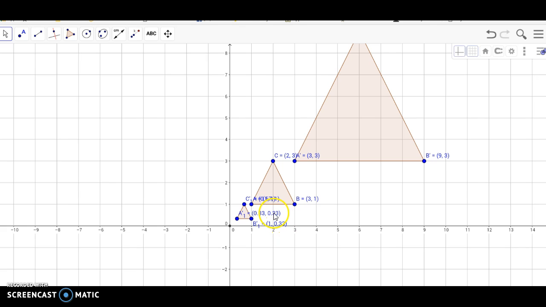Here's point B. Here's point A. And here is the new point C. Now it's given it to us in decimal form, but that's okay. 1/3 of 2 is 2/3. 1/3 of 3 is 1, and so on. So that's how you dilate.